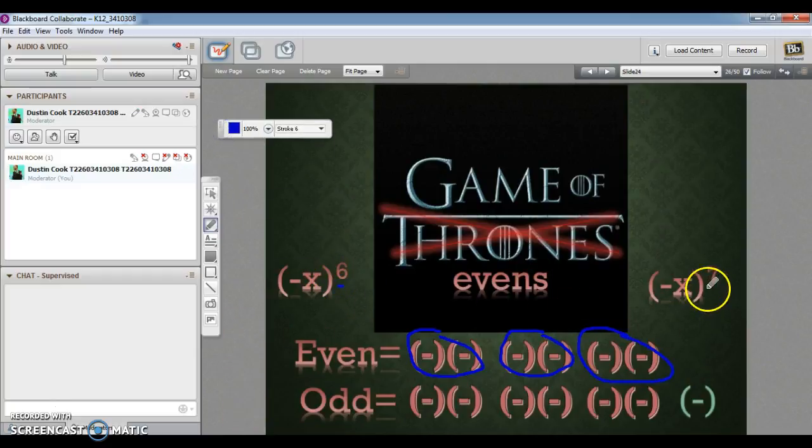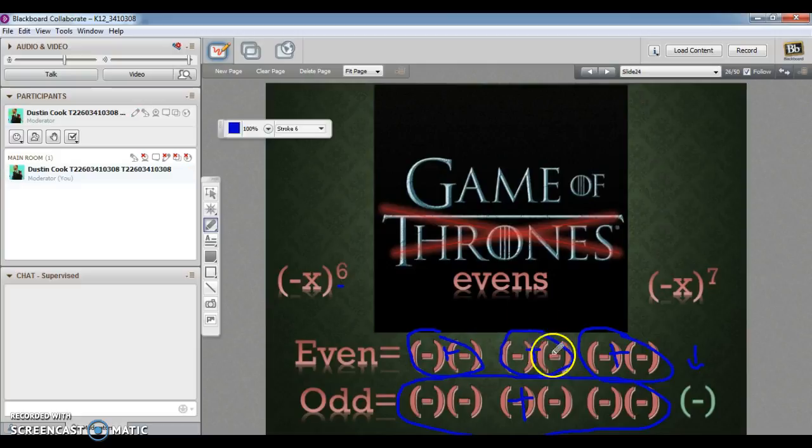When it's odd, like 7, you'll always get a negative answer, because we know all of this here gives you a positive, but then you throw out this final negative and you get a negative, because a positive times a negative is a negative. So all this is positive, and then these become positive too.